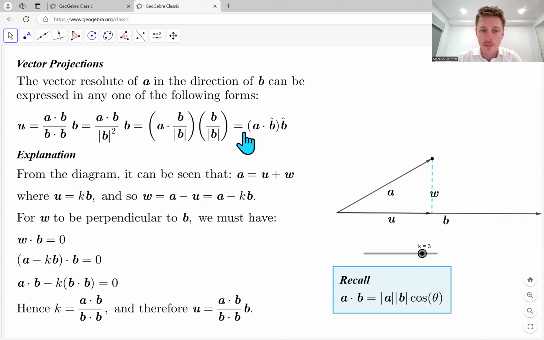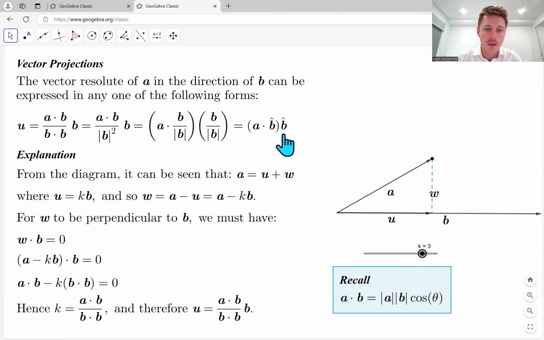The important reason we did this is because the vector B divided by its magnitude is just a unit vector in the B direction. So A dotted with the unit vector in the B direction. B divided by the magnitude of B is just a unit vector in the B direction.